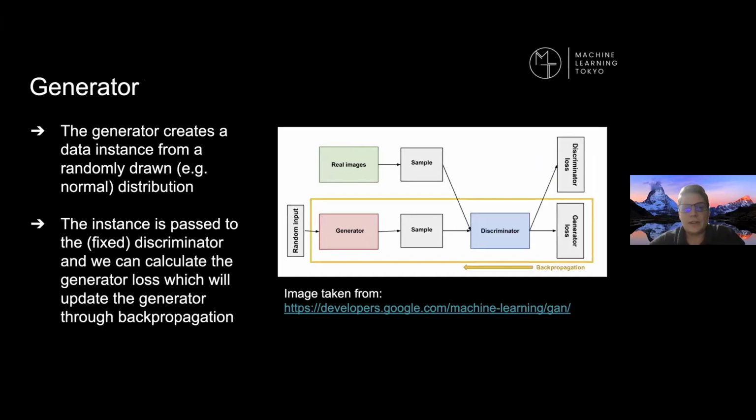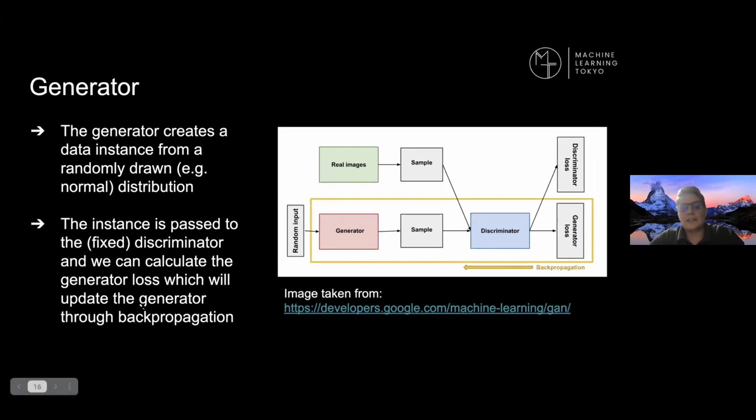For the generator, what we have to do is first sample some random input, feed it to the generator, and the generator should give us an image, for example. And these images are then passed to a fixed discriminator, and I will explain why that is.